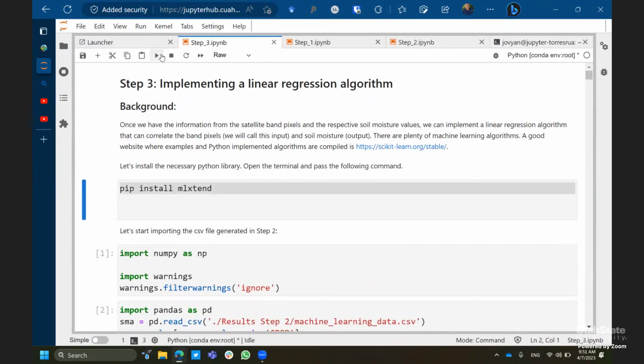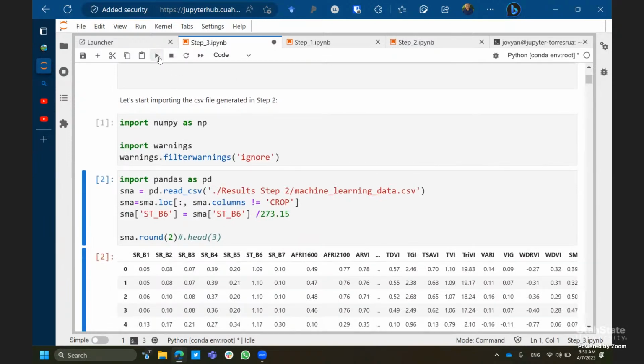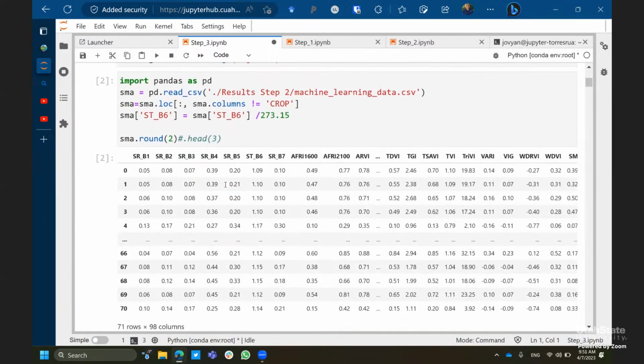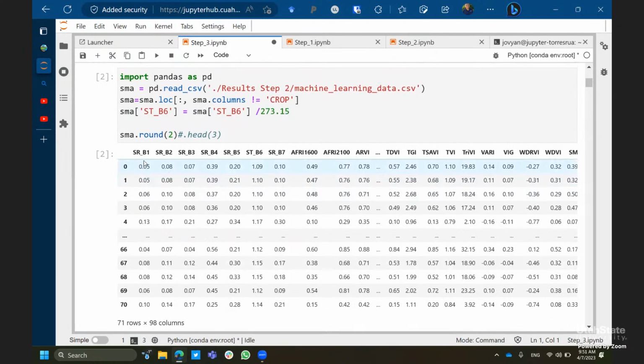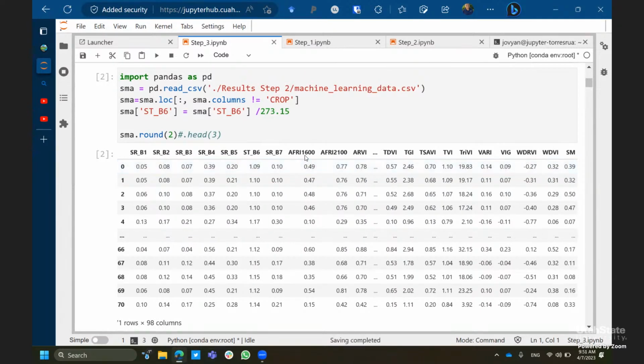So let's run it. So we're going to import the file with all the spectral bands. Thermal band is band 6, and all the vegetation indexes are in that file, the 50 vegetation indexes. The last column is soil moisture.